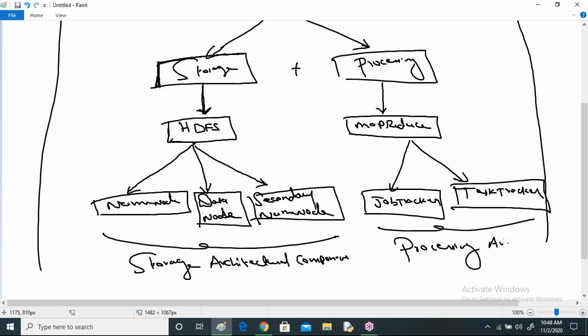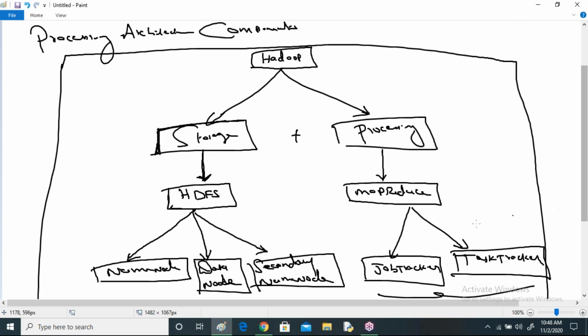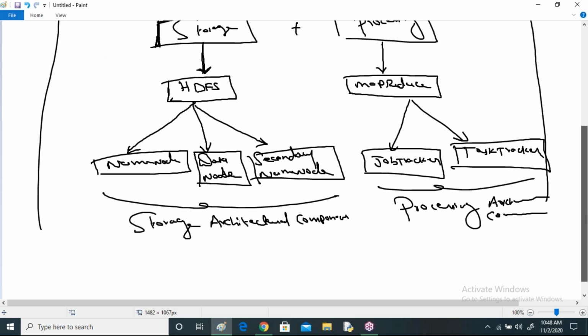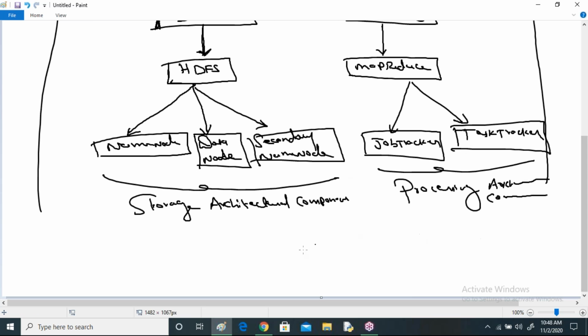Storage is HDFS, and for processing it is MapReduce. For storage we have name node, data node, and secondary name node, and for processing we have job tracker and task tracker. Now I'll discuss one by one what is name node, data node, secondary name node, and job tracker, and what happens internally within these.